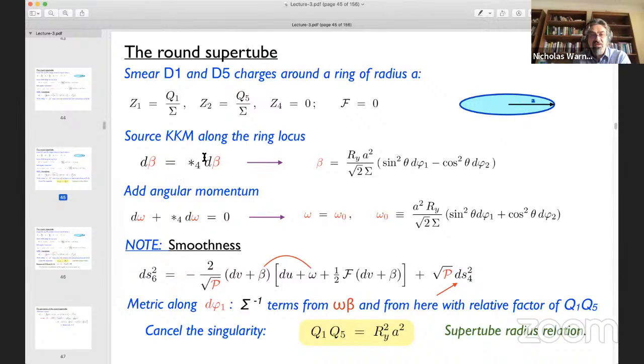But if you turn on this Kaluza-Klein monopole and you turn on angular momentum, it makes a completely smooth microstate geometry. And it is going to be the ground state of the system I ultimately want to do. So from the point of view of the microstate geometry, this is playing a critical geometric role to desingularize what is a very bad piece of geometry.